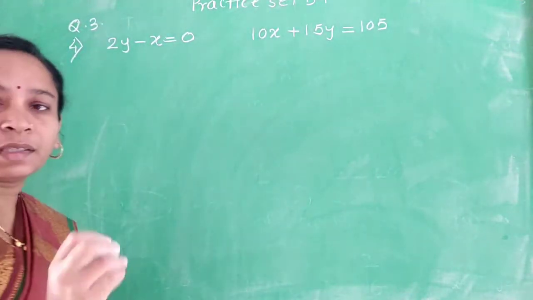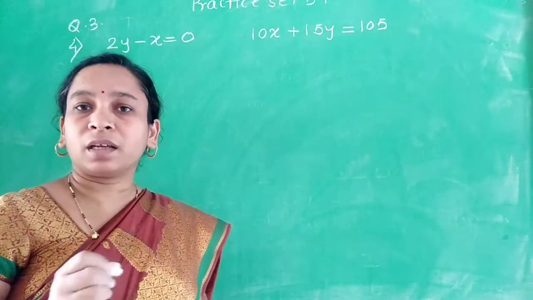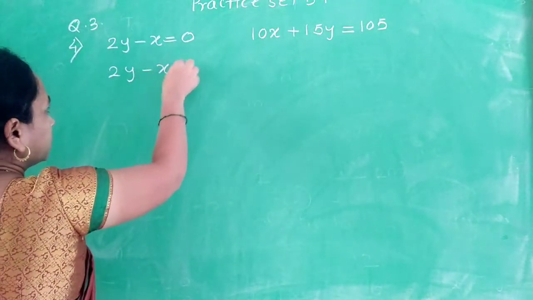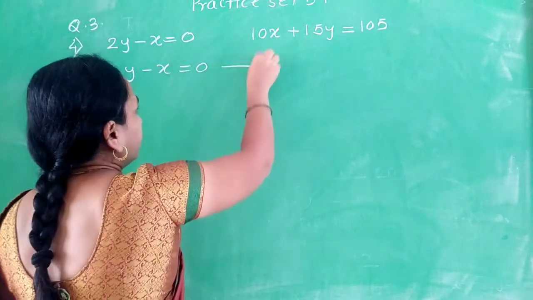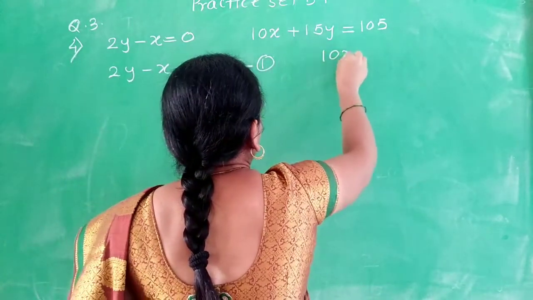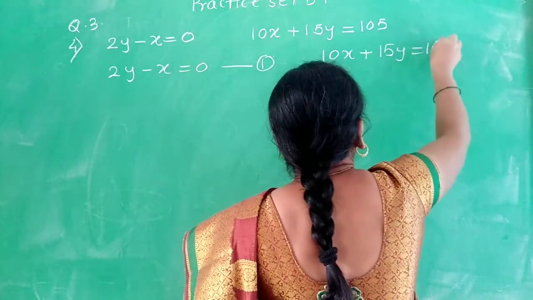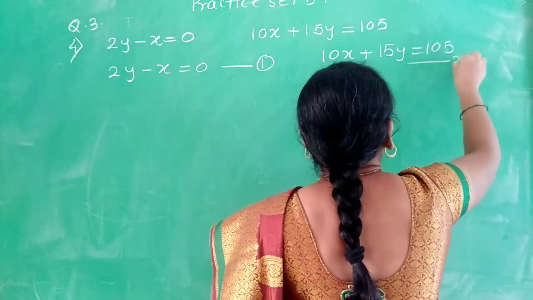Fourth example. In this example, we'll assign the equations first. So 2y minus x is equal to 0, first equation. 10x plus 15y is equal to 105, and this is my second equation.